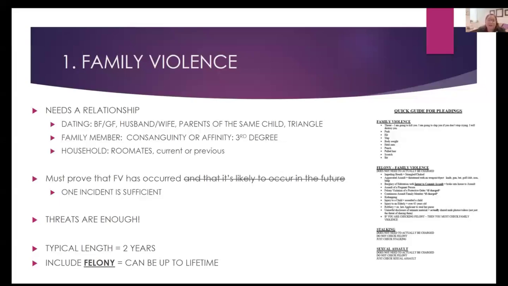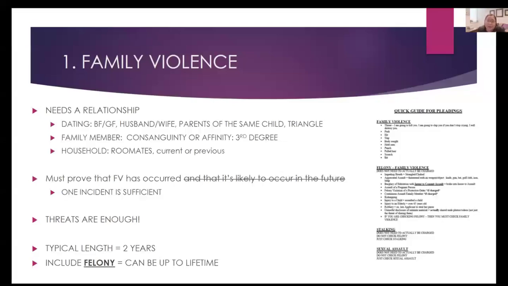It's just that there has been some act that could constitute a felony. That protective order goes from 2 years up to lifetime, not that you automatically get a lifetime. And so when you're interviewing your client, that victim, you need to establish, do I have an act that could constitute felony violence?